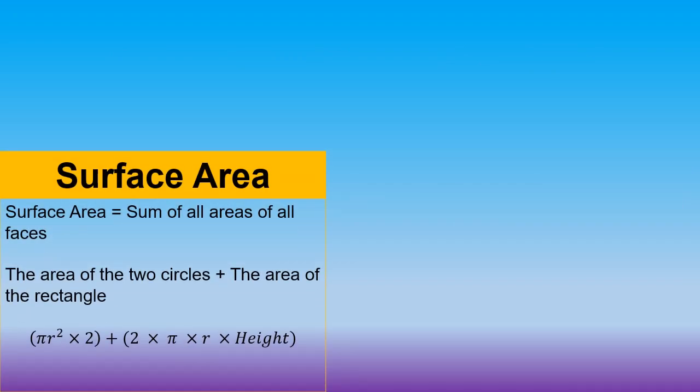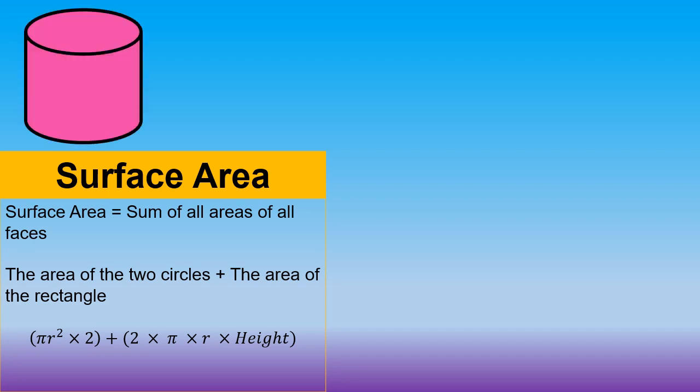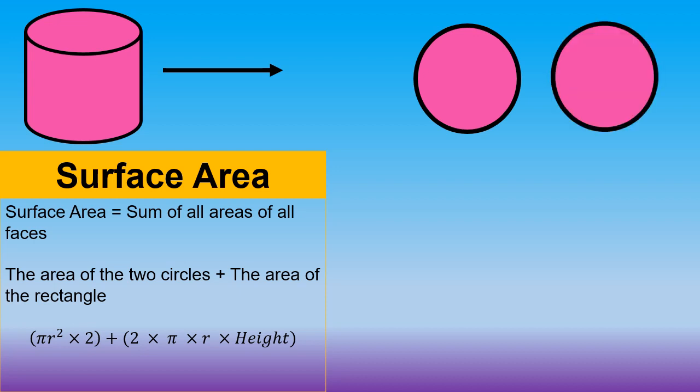Okay, so we said the surface area of a cylinder is the area of the two circles plus the area of the rectangle. So let's have a closer look. If you've got a cylinder like that, it is made up out of two circles, top and bottom. Sometimes you have to check whether they say if it's an open top or a closed top. If it's a closed top, it consists of two circles.